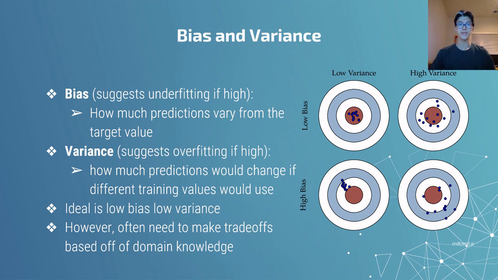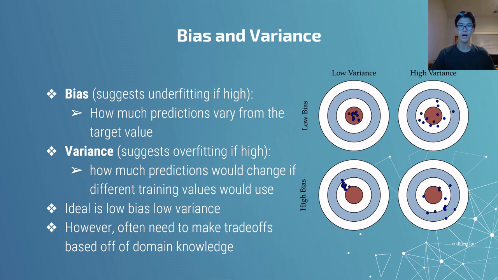Another way to look at this is the bias-variance trade-off. Bias looks at how much your predictions vary from the target value. Variance looks at how much predictions would change if different training values were used. Now, the optimal scenario is low bias, low variance. That means you've got pretty much no underfitting, no overfitting, you're just perfect.